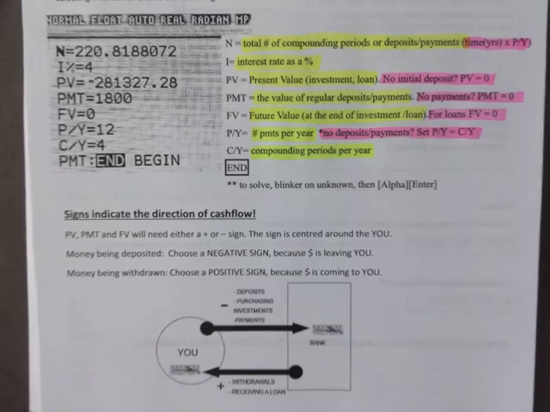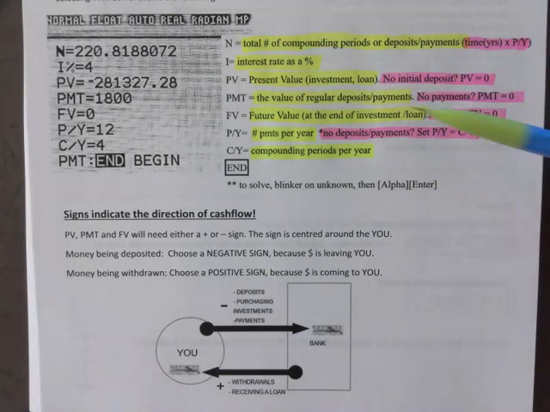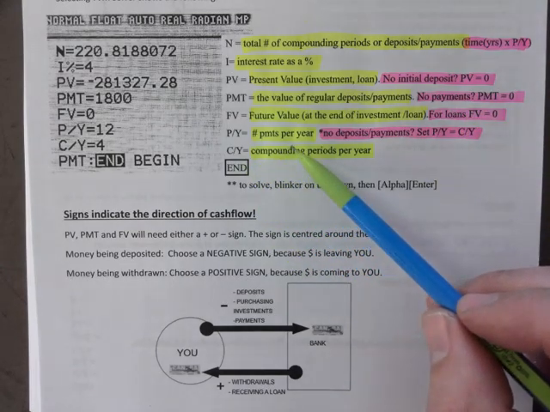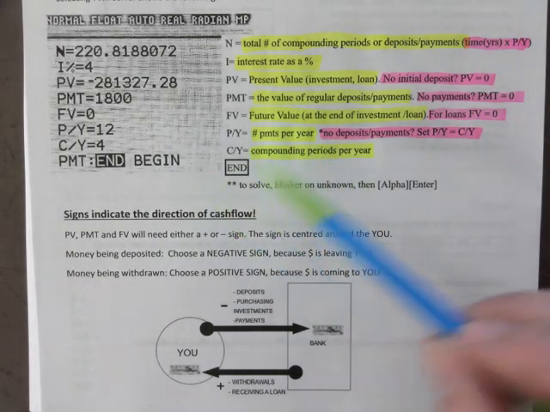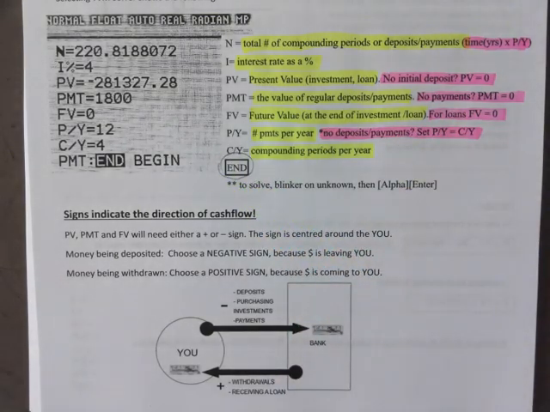Here's where you need to make sure you don't mix up the compound interest formula with the TVM solver. CY is what used to be n for us in the compound interest formula, so don't mix that up. And we always set it to end. To solve for anything, I'm going to do this in green.